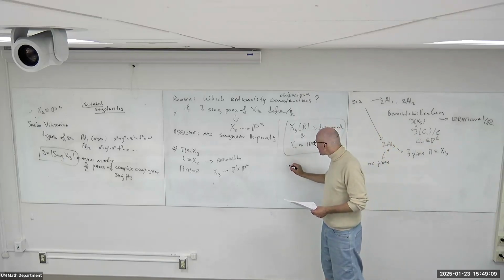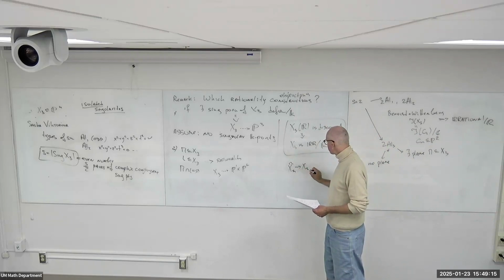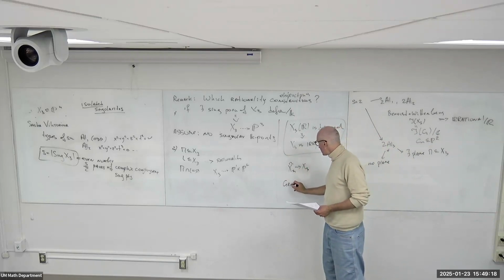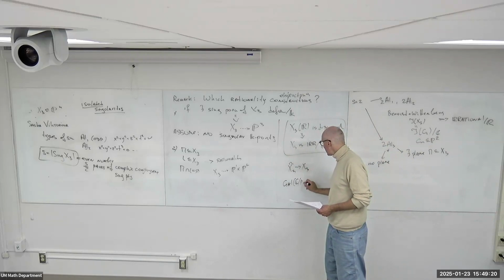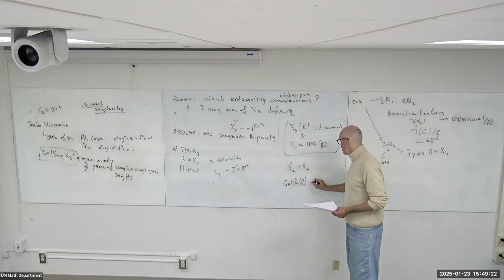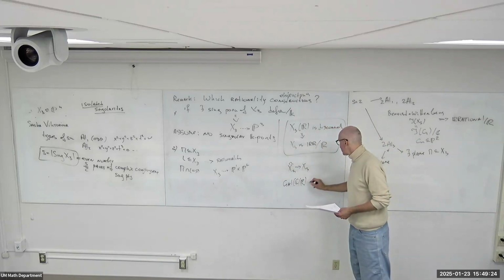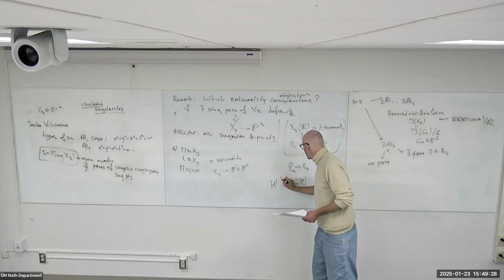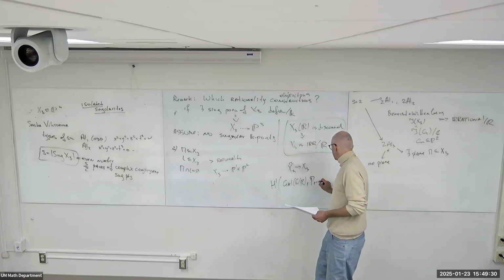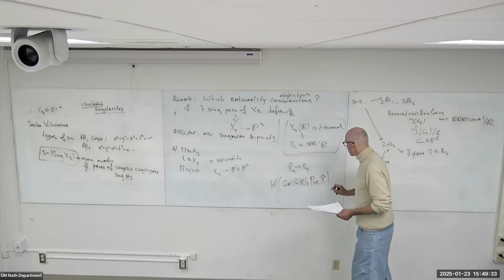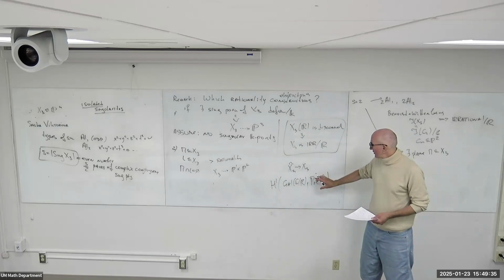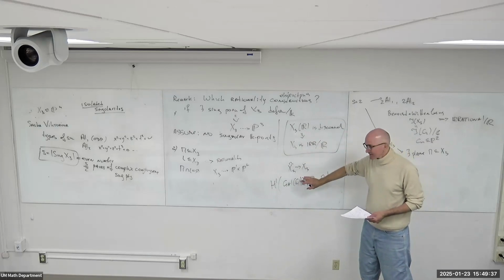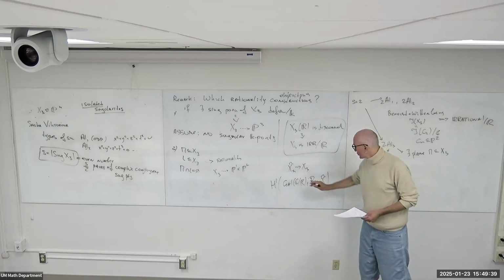Second obstruction: if you resolve the singularities of this cubic threefold, and you take the Galois group of C over R and see how it acts on the Picard group of the resolution, and then compute H1 of it. If the cubic is rational, this has to be a permutation module, and this H1 has to be zero.